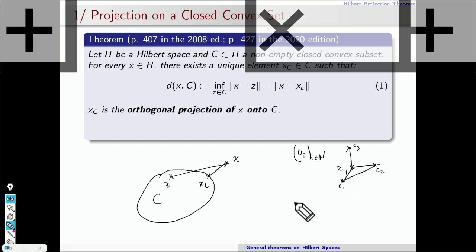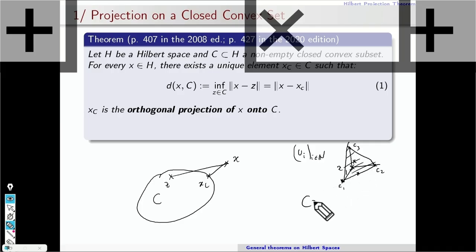If now I consider the segment from C1 to C2, it reaches a minimal distance to X at some point here in the middle. If I continue and I consider the convex subset generated by U1, U2, U3, it reaches its minimum at some point here.